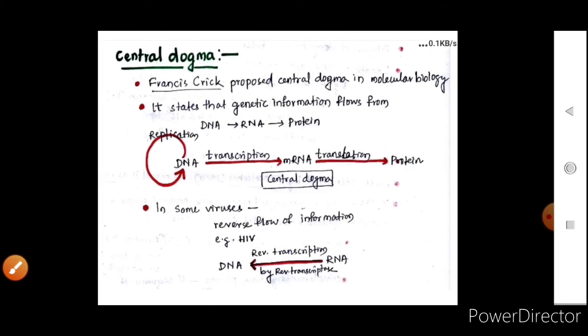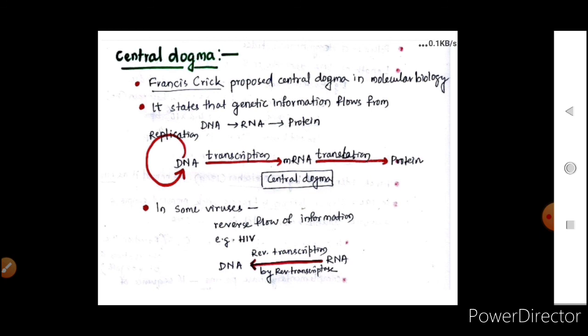Now what is the central dogma? The central dogma was proposed by Francis Crick, and he said that genetic information flows from DNA to RNA to protein. When DNA gets replicated and forms a copy, that is known as replication.